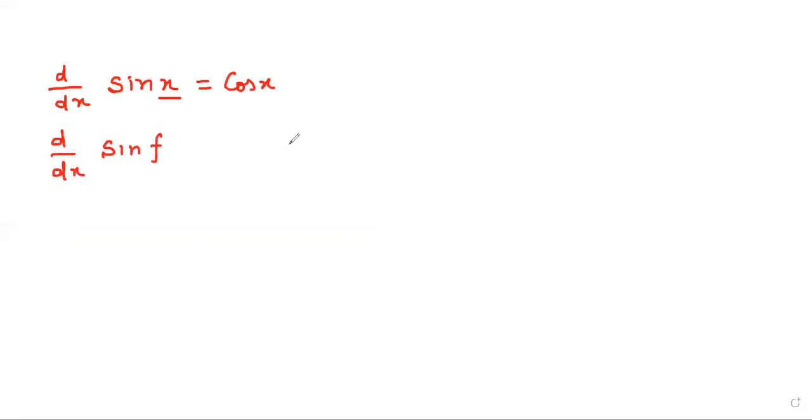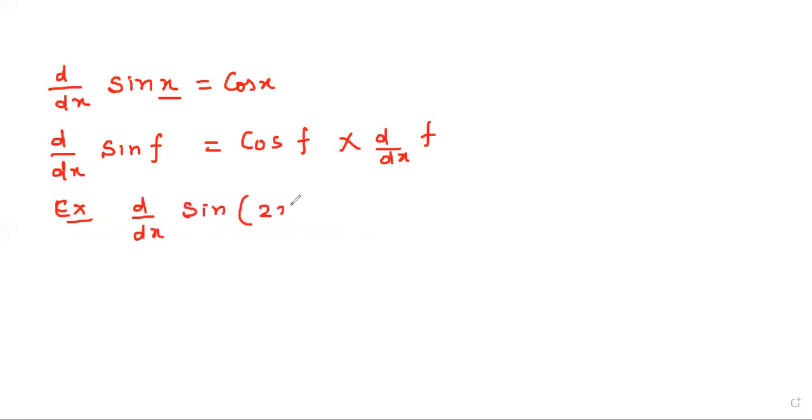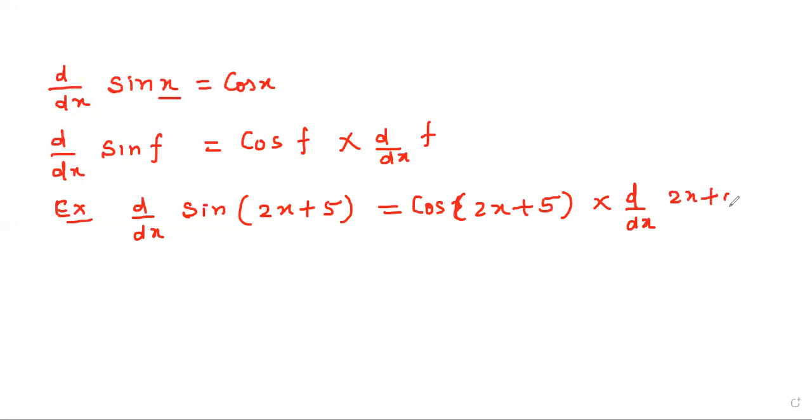Here f denotes function, then it will become cos f into d upon dx of f. Example, d upon dx of sine of 2x plus 5. So it will become cos 2x plus 5 times d upon dx of 2x plus 5.